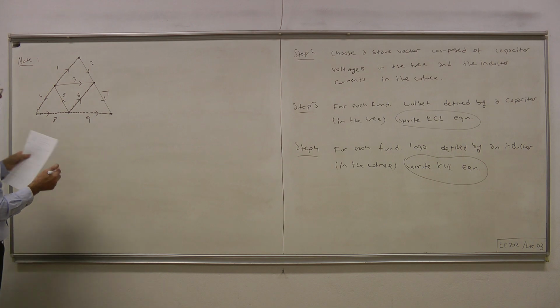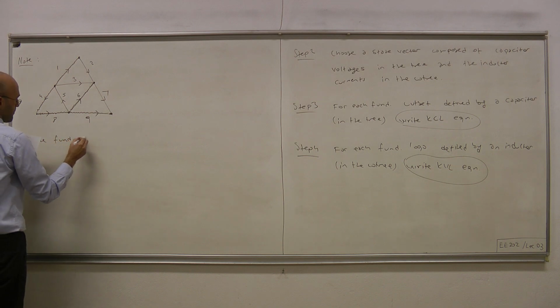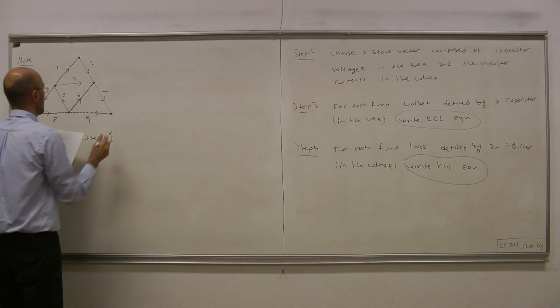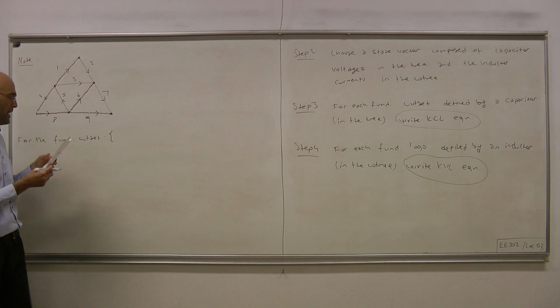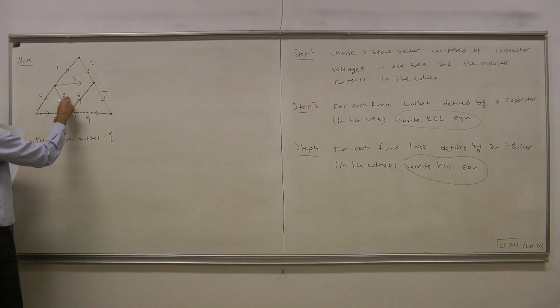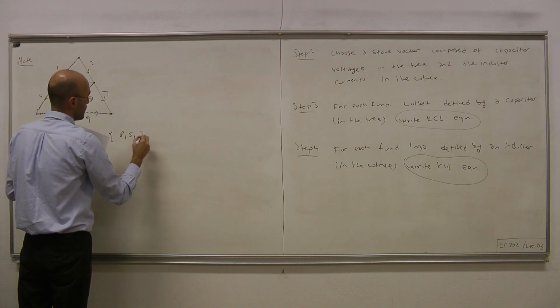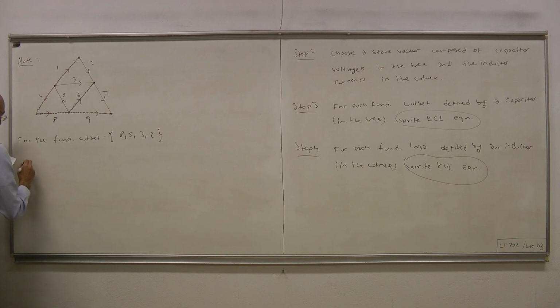Suppose that this tree, whatever our circuit is, is a proper tree. For the fundamental cutset defined by the tree branch 8, which is 8, 5, 3, and 2, let's write down the KCL equation. By KCL, we have the following.